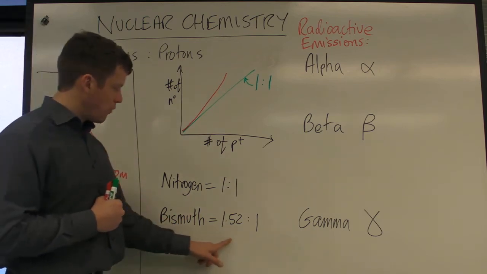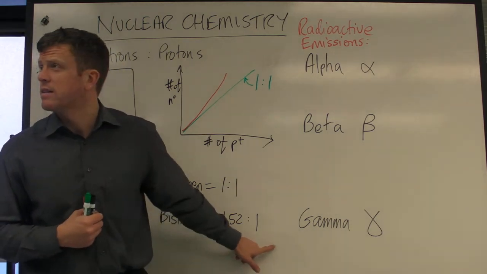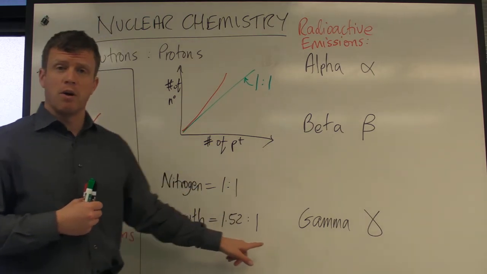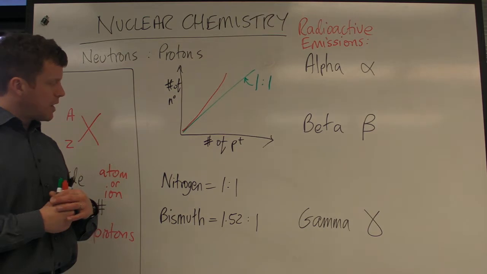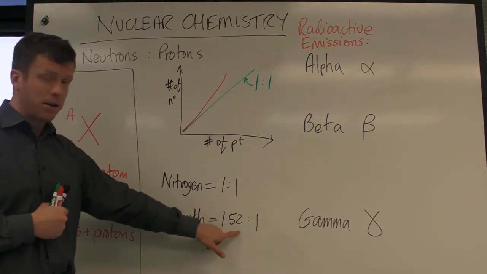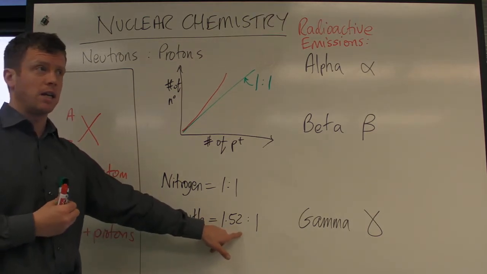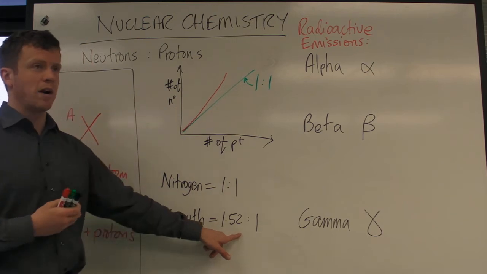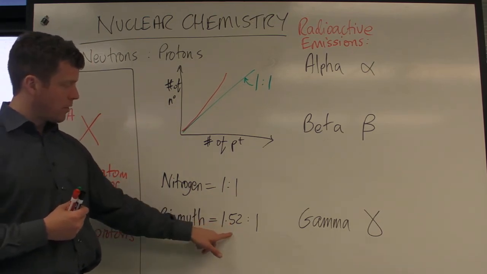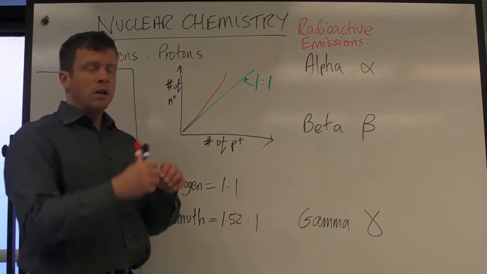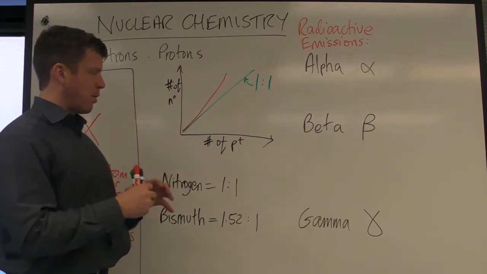And so for larger elements, bismuth has atomic number of 83, so it's got 83 protons in its nucleus, so you need 1.52 times that number of neutrons, so that'd be like 126, I believe. So you need a lot more neutrons to protons to act as that glue to keep the nucleus together.